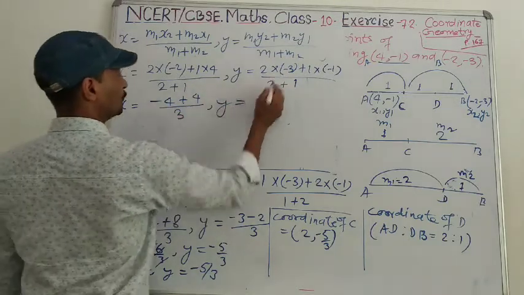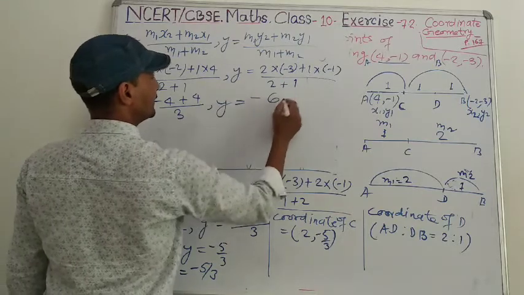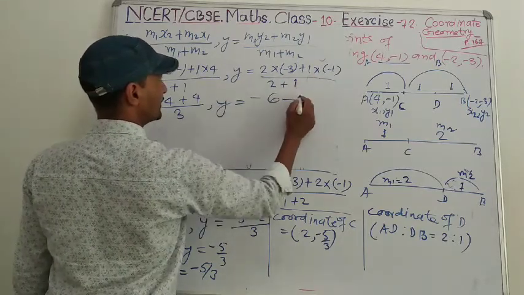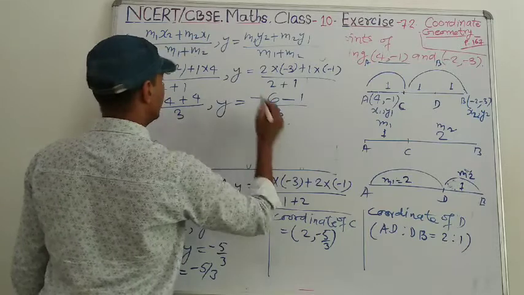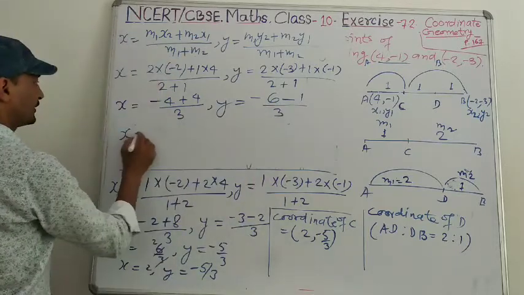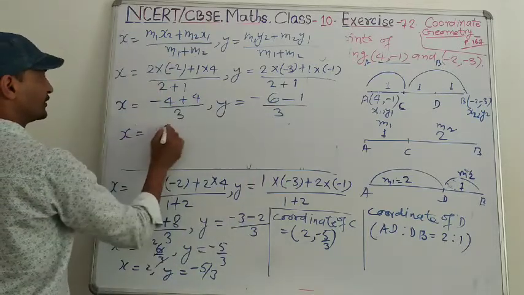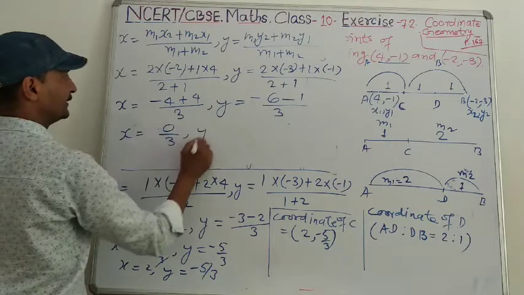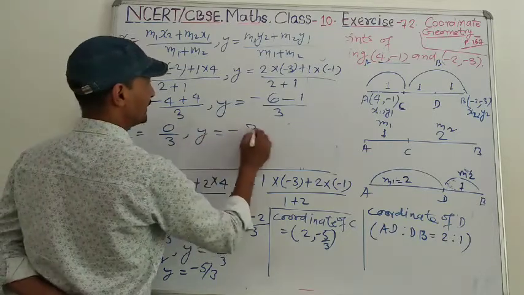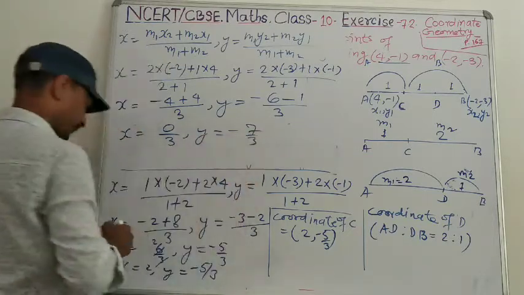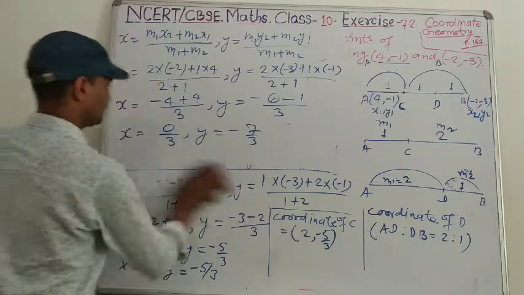y equals 2 into minus 3 is minus 6, and plus 1 into minus 1, by 3. Now x equals minus 4 plus 4, 0 by 3, which is 0. y becomes minus 7 by 3 and it cannot be cancelled out.